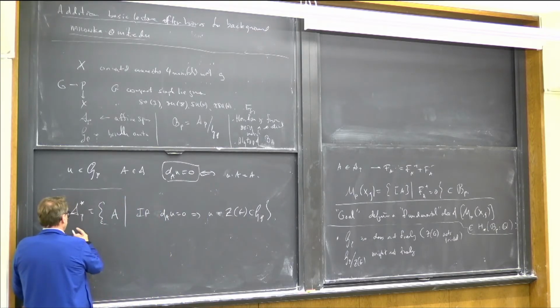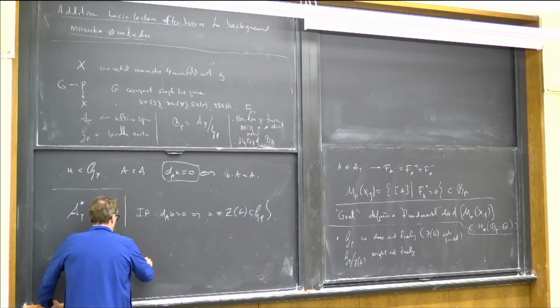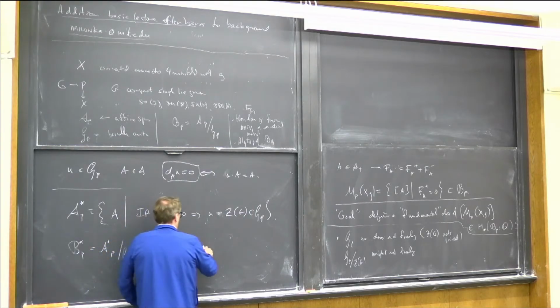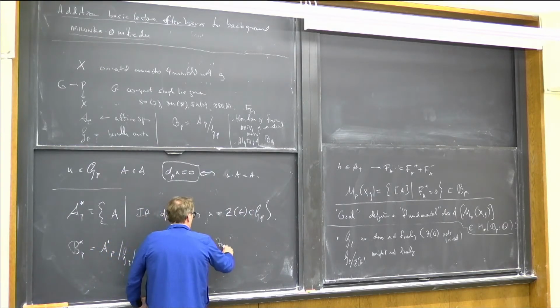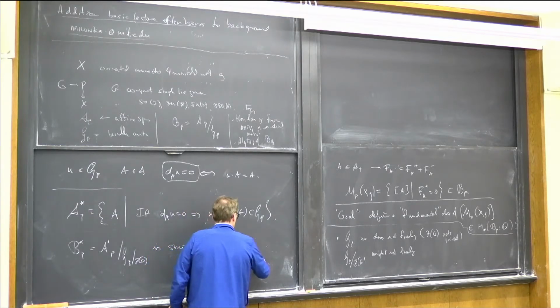Then we can define the quotient space. And this, with suitable completions, is a smooth infinite dimensional manifold with L^p_k completion if k minus 4 over p is positive.